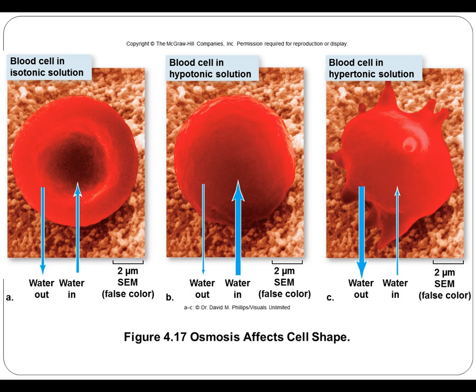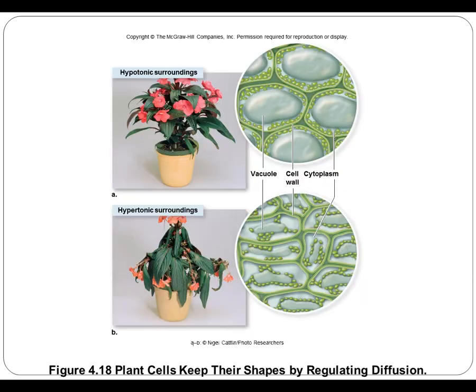Plants, on the other side, though, actually prefer a more hypotonic environment. So they take in a lot of water and plump up and are able to kind of stand up in the environment.